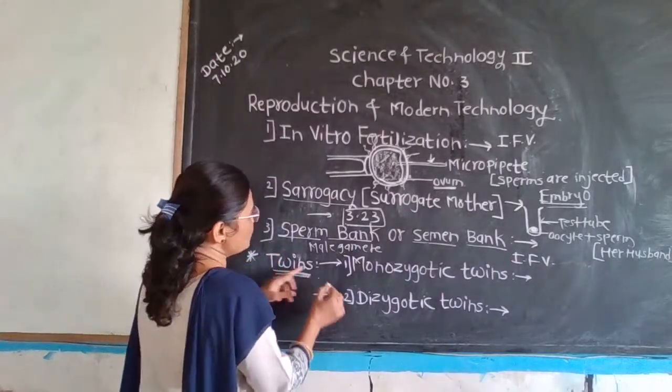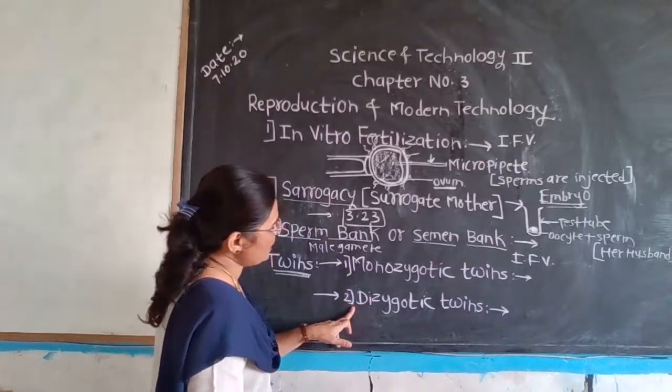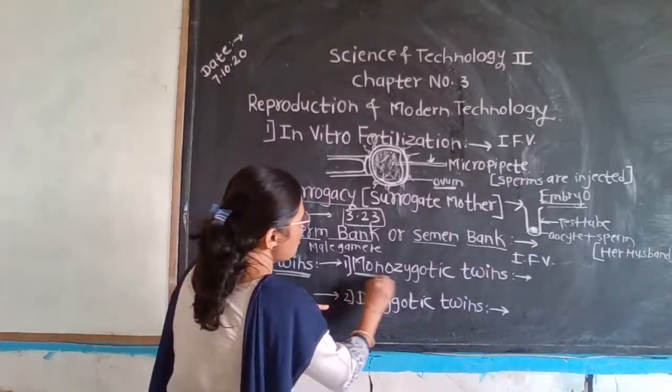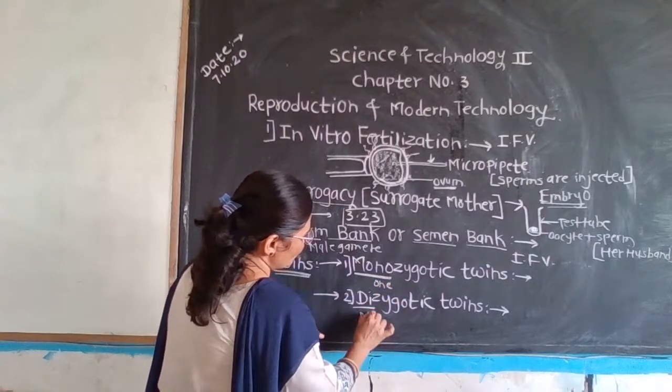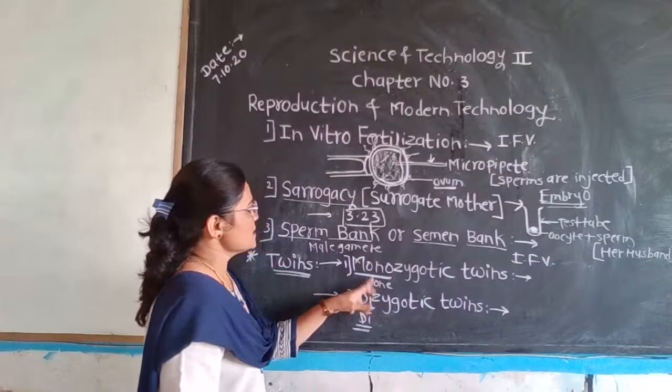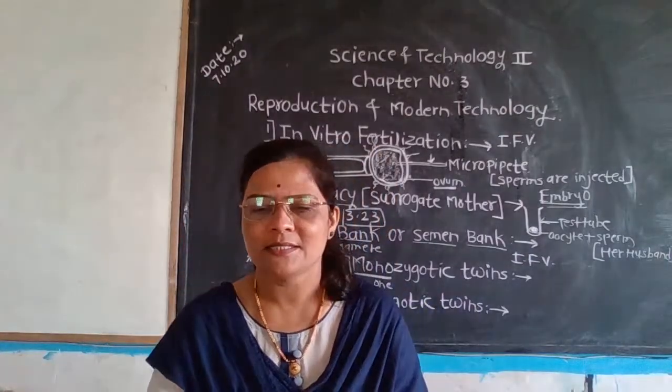The twins are of two types: monozygotic twins and dizygotic twins. Students, mono means one and di means two. Monozygotic: zygotic means zygote.